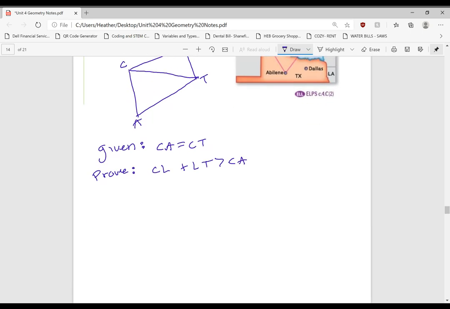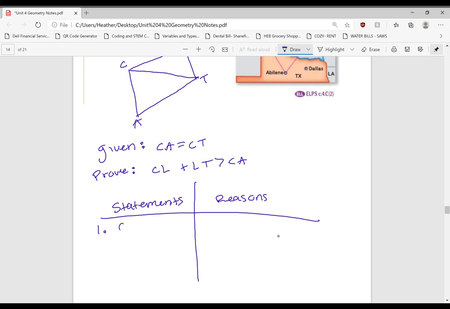Let's go ahead and do a 2-column proof to prove this. So here are our statements and our reasons. Remember, we always start off with our given information. We also know from our theorems that CL plus LT is greater than CT, and this is by the triangle inequality theorem.